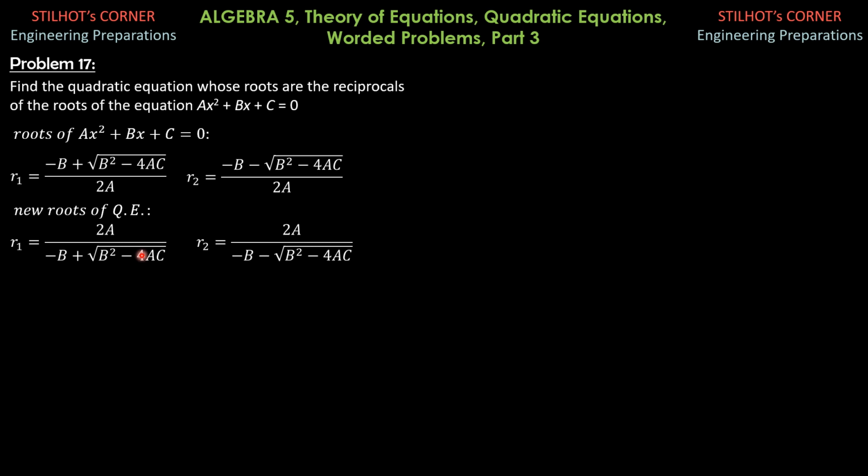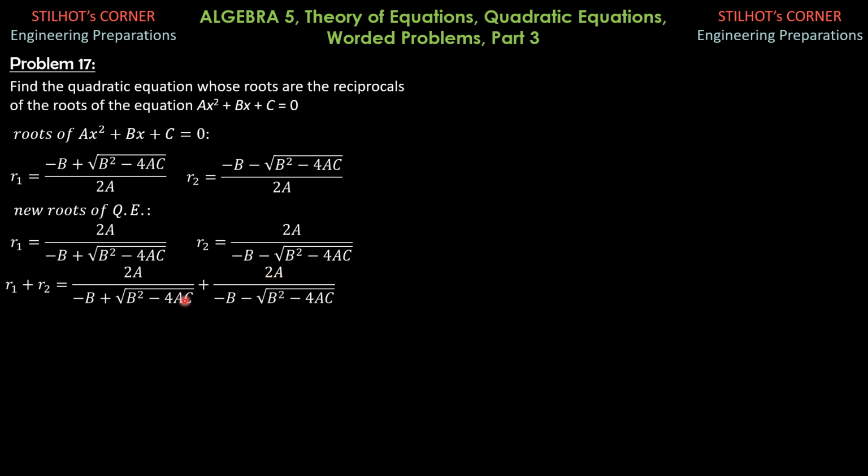So if we add the roots, R1 plus R2, you'll have 2A over negative B plus square root of B squared minus 4AC plus 2A over negative B minus square root of B squared minus 4AC.